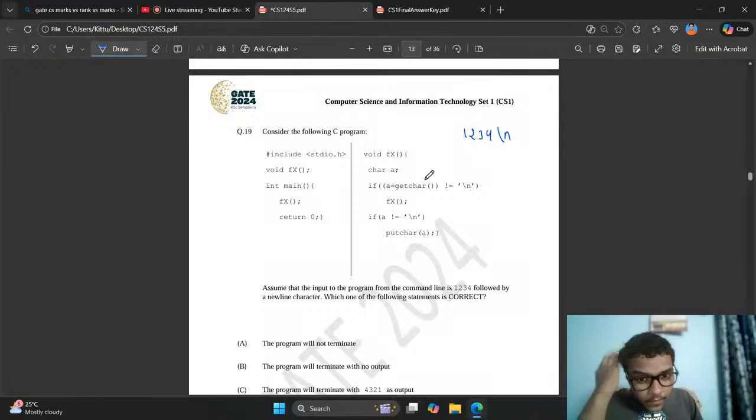Okay. Getchar, a is not equal to n, true. It is recursion as you can see. Okay, how does the stack work?